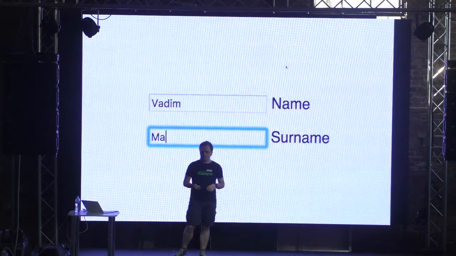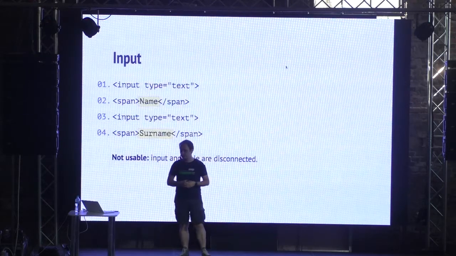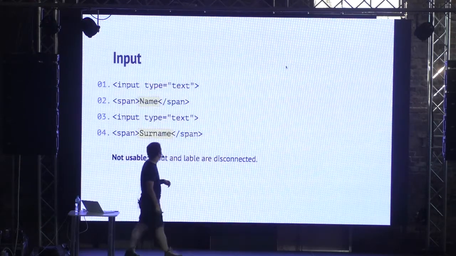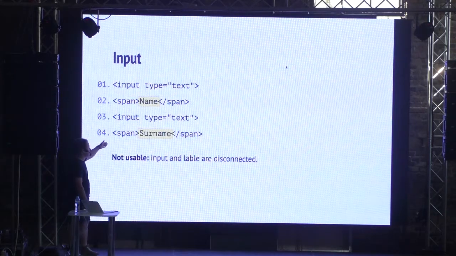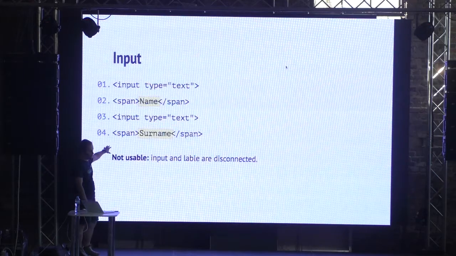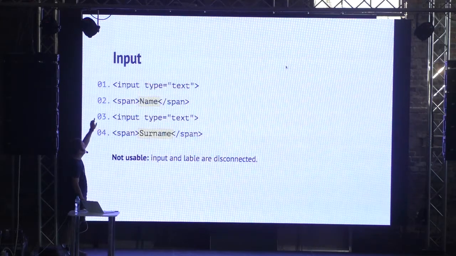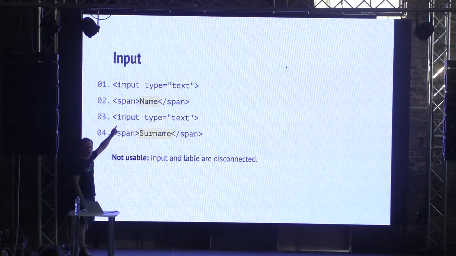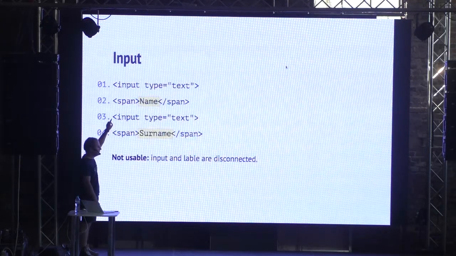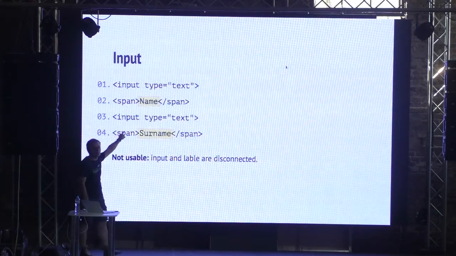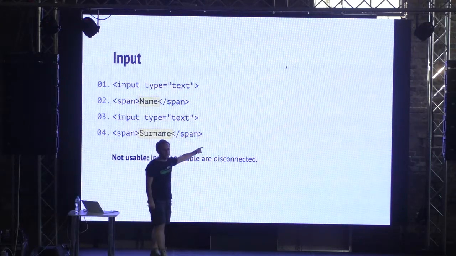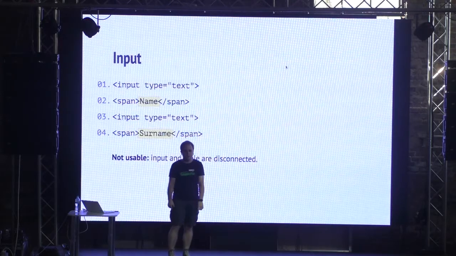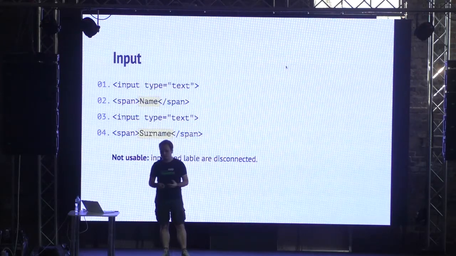But a typical developer would do something like this: an input, a span with the name, another input, and a span with the surname. And for the screen reader, once the first input is focused, it's just an input without any label, without anything at all. Type something, anything, because we have no idea what you're supposed to type here, because there's no label.